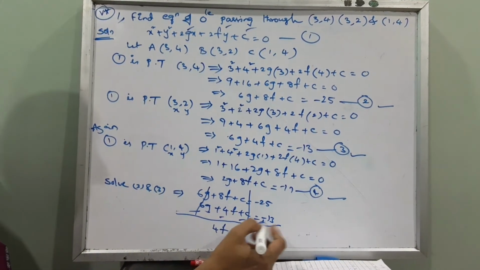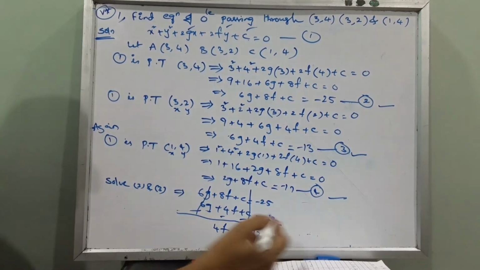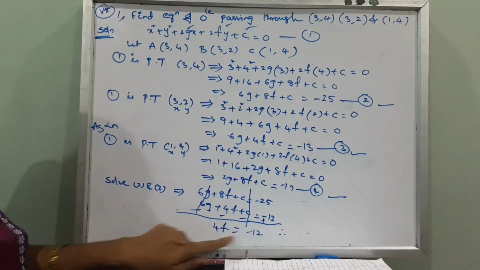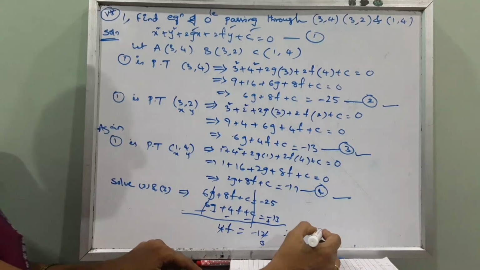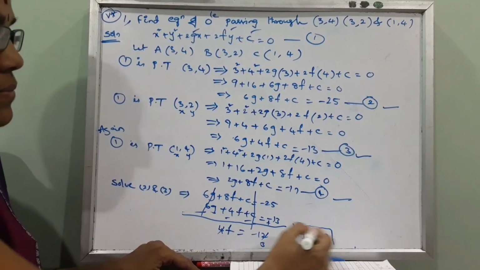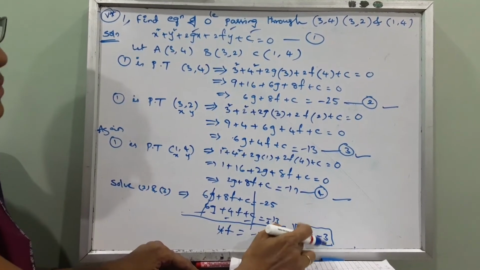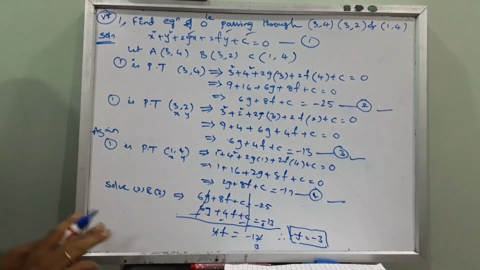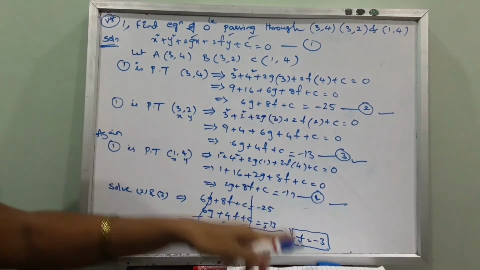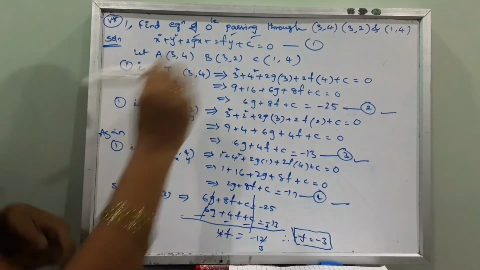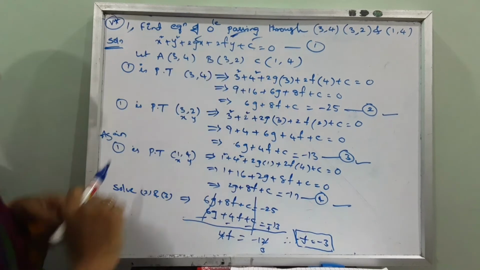Here minus 25 plus 13 is minus 12. Therefore 4f is equal to minus 12, then f is equal to minus 3. Right? f is equal to minus 3. Next we have to find g and c.